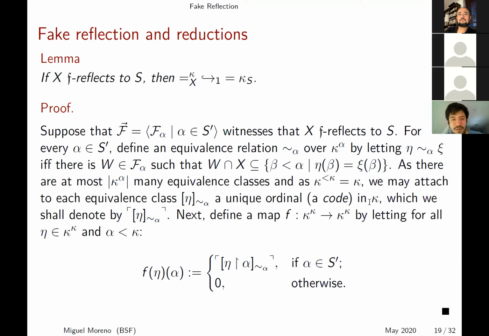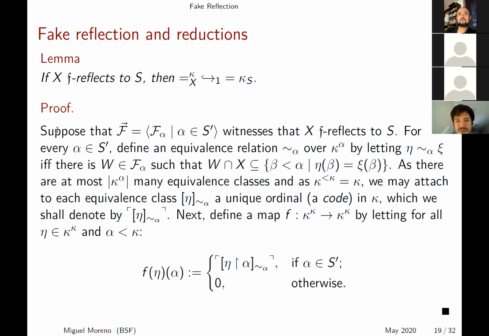I don't know if... Yeah, because, I mean, where's the club from? Because you have W from the witness somehow, in the witnessing sequence, and you know that W intersect X is a subset of the coincidence set of eta and xi.